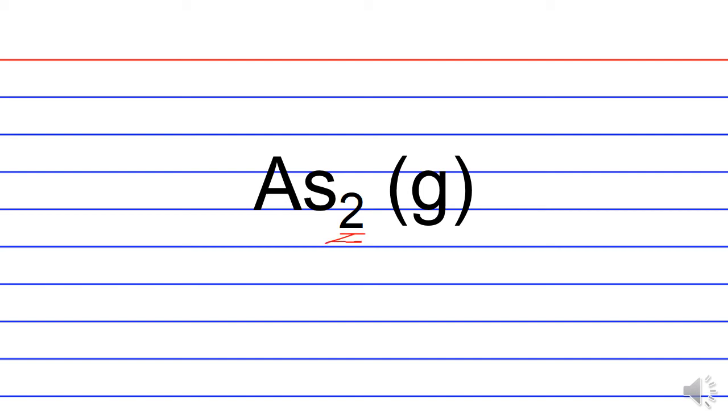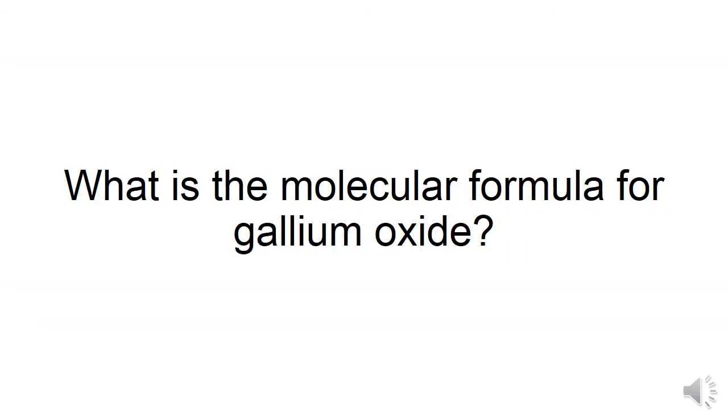So arsenic is a diatomic element. And it's right on the cusp between metals and nonmetals, but it is classified as a nonmetal. And what is in its diatomic state? It occurs in the gaseous form.